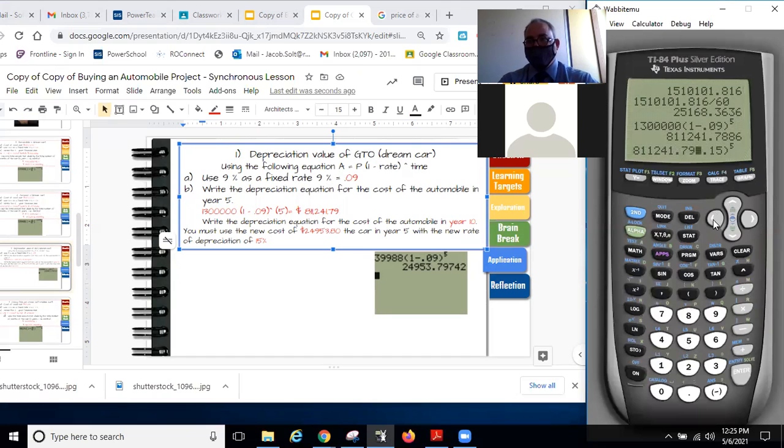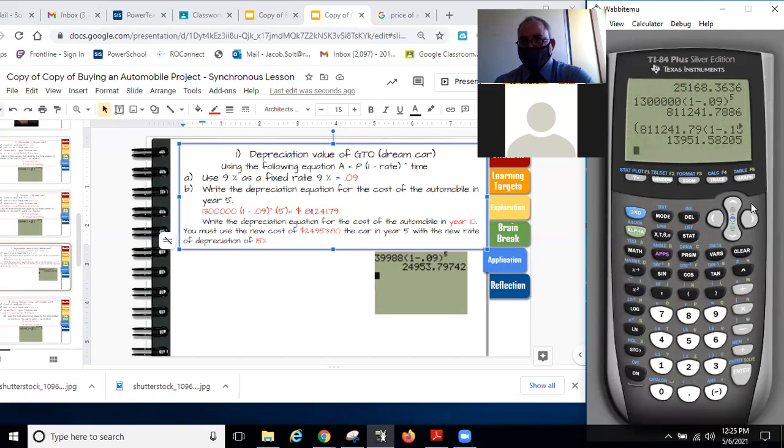Then 1 minus 0.15. And then over the next 5 years, because it's actually at year 10, but I'm starting with a new rate at year 5. I know that was unnecessarily complex. I thought he was trying to be tricky on that one.